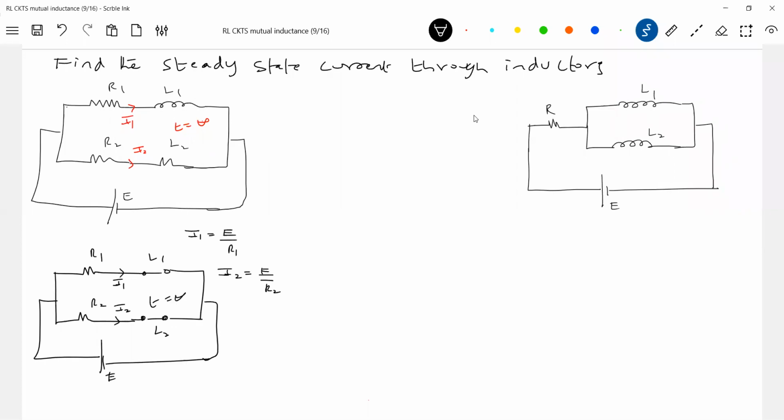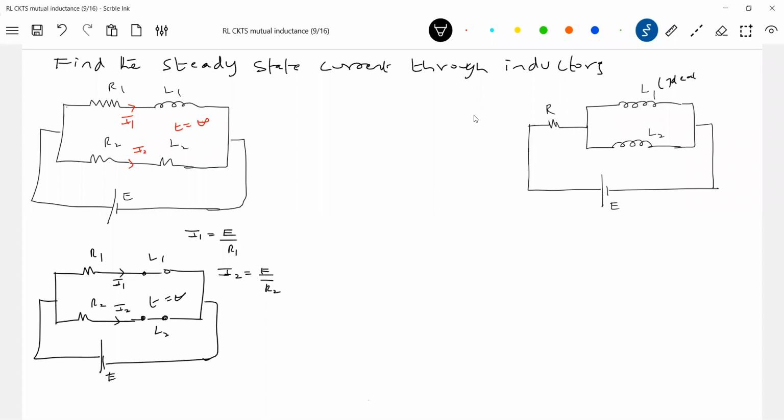Let's come to the next one. What should I do here? The inductors I'll replace with a short circuit. Then with two short circuits, how does the current divide? Equally in both short circuits? The current will divide, and they're ideal. These inductors are ideal.